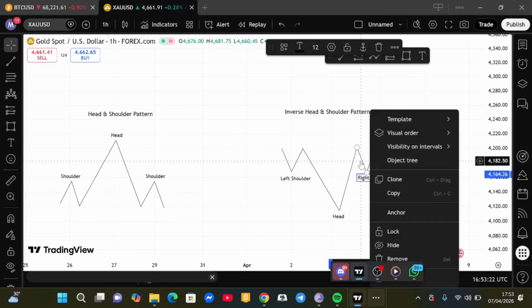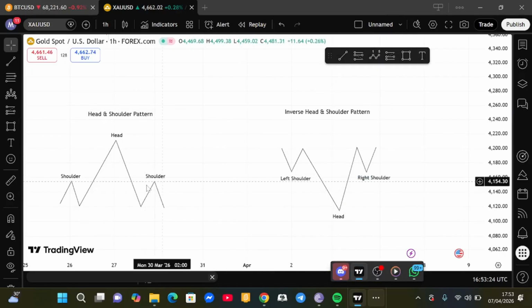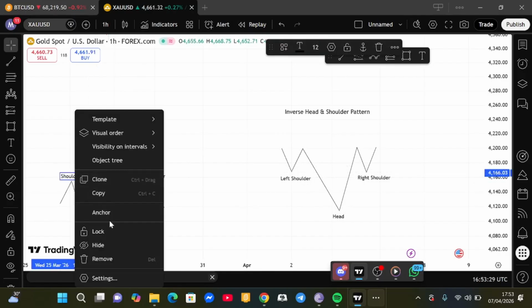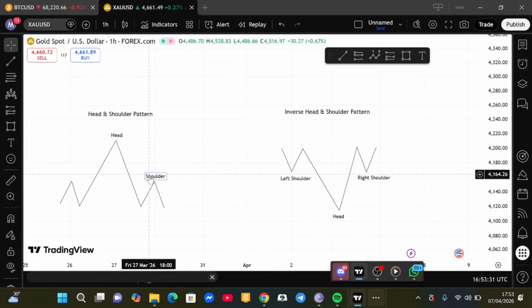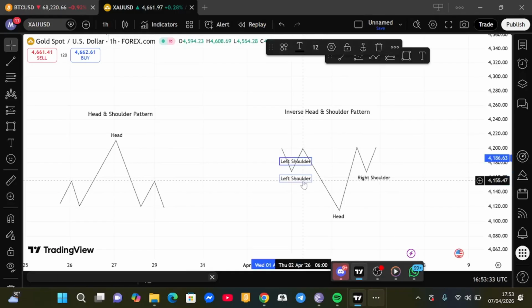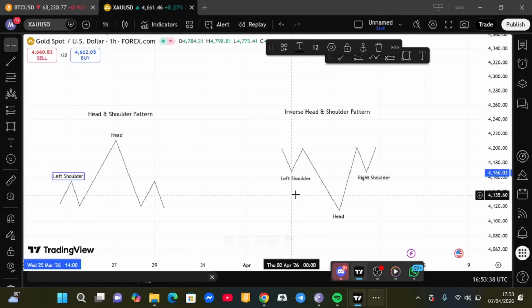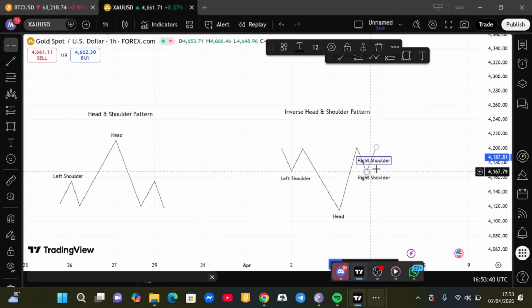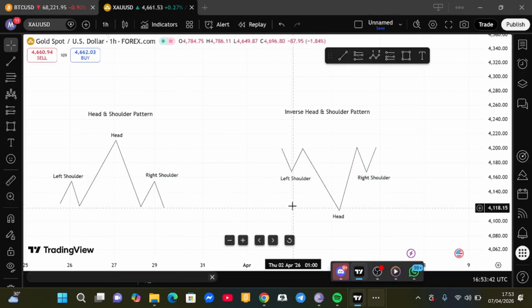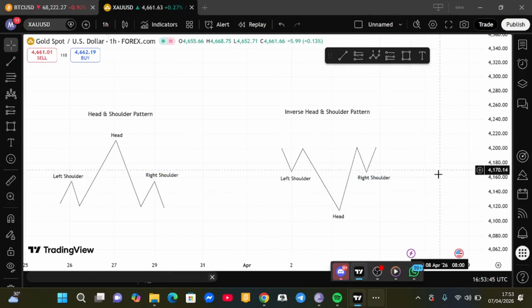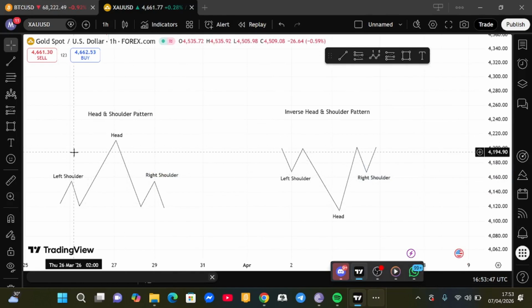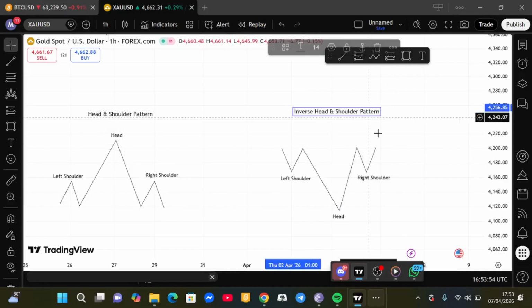Let's delete this. Left and right. This is left, this is right. Okay, so you see, this is the head and shoulder pattern. This is the inverse head and shoulder pattern. Now take note, these are both reversal patterns.